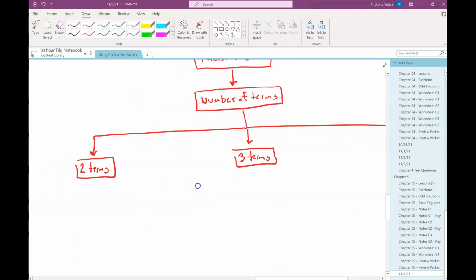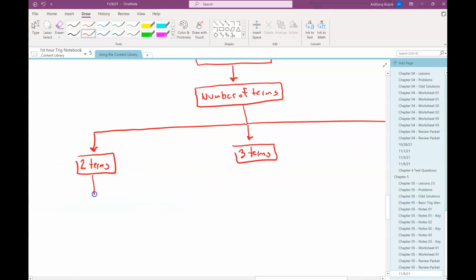I'm going to go down the 2-term branch first. So the first thing we check for is, is it a difference of 2 squares? I abbreviated that phrase as DOTS, difference of 2 squares.